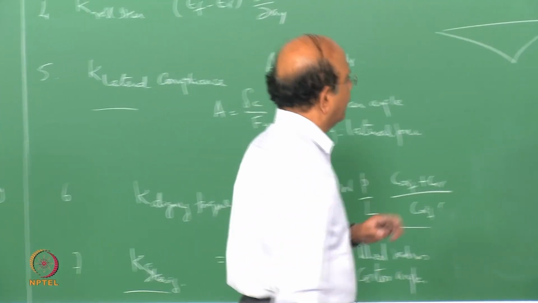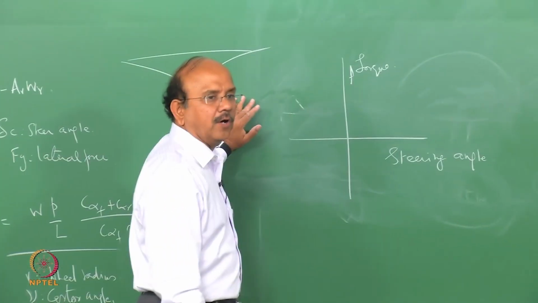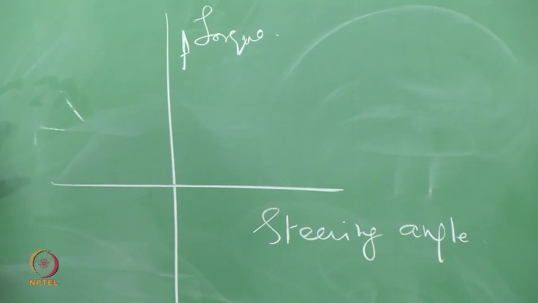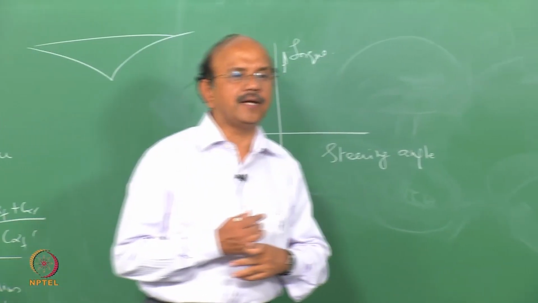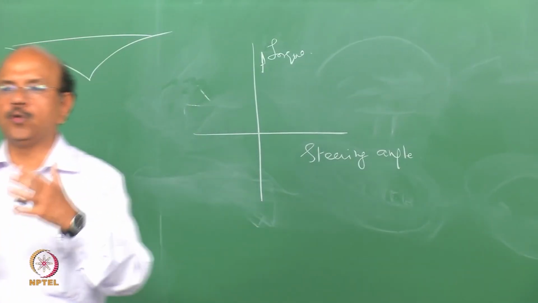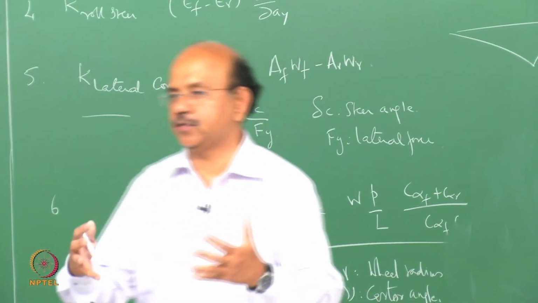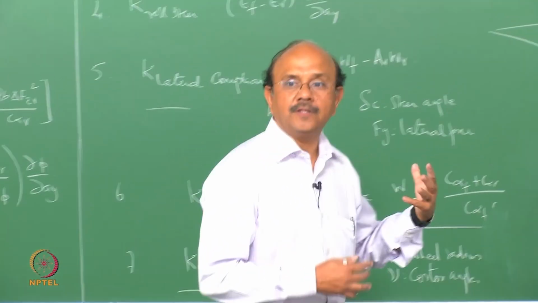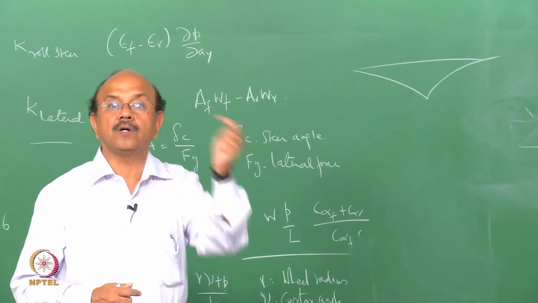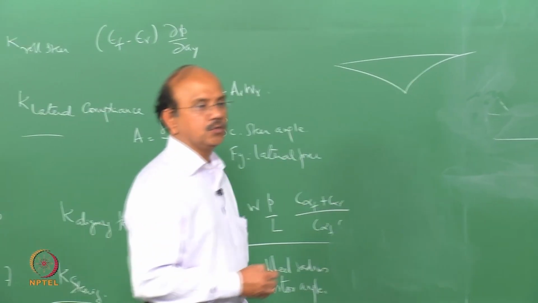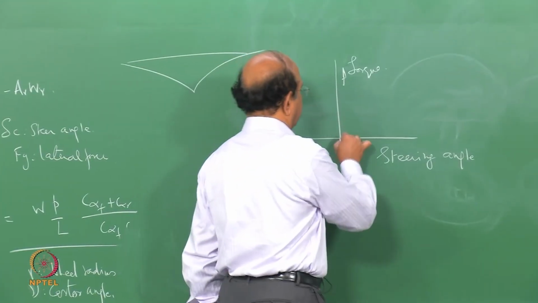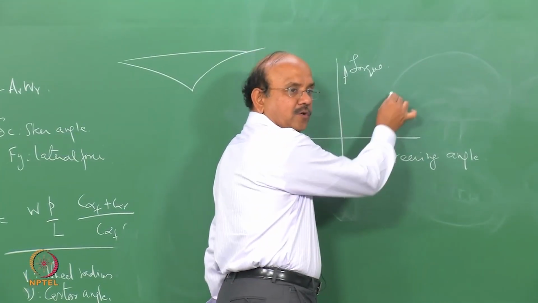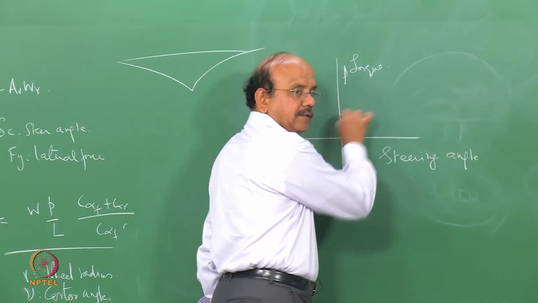Now, if you look at the torque versus steering angle, the first thing that comes to our mind is that steering, having so many moving parts, has friction. So before the steering angle changes, I have to overcome that friction. So it doesn't start here. I can't plot from zero, so it will start here.